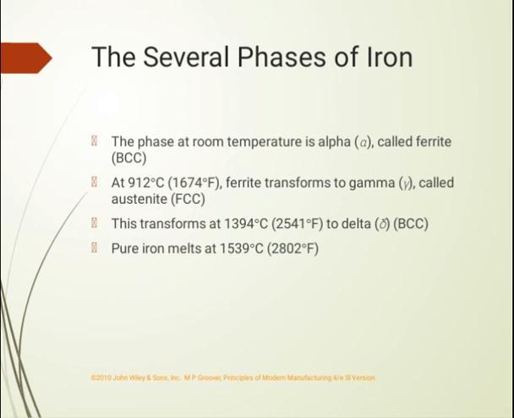This transforms at 1394 degrees centigrade to delta. This delta comes back from the FCC structure to the BCC structure. Pure iron melts at 1539 degrees centigrade.